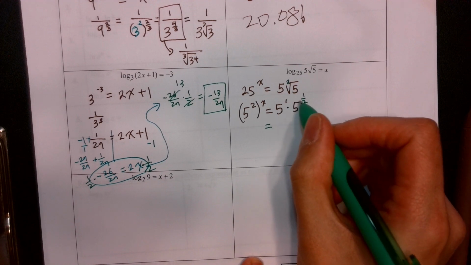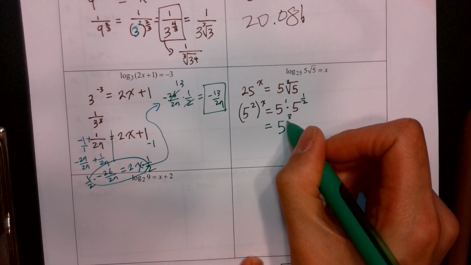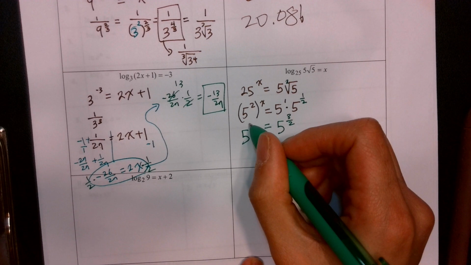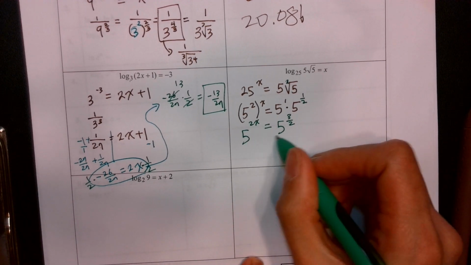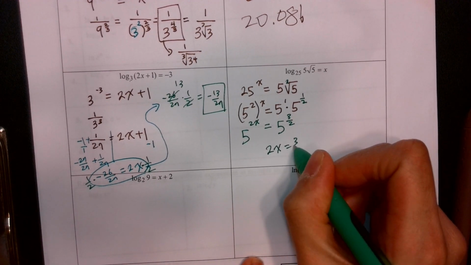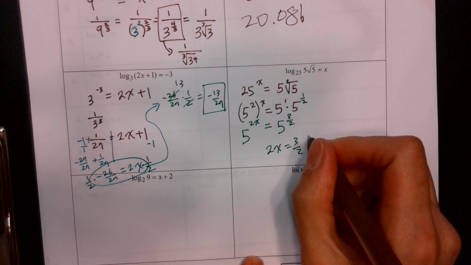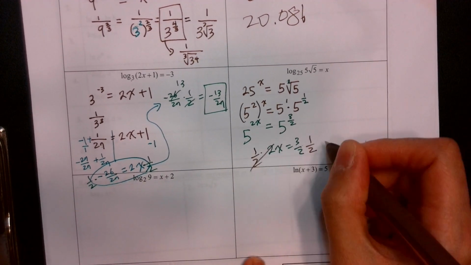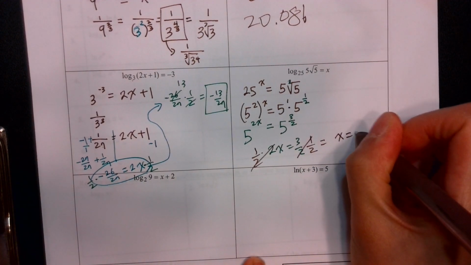Now you can just add your exponents together. What's 1 plus half? 3 halves. And then over here, you multiply your exponents. Now the bases are the same. That means 2x is equal to 3 halves. Divide by 2 or multiply by half. Answer, x is equal to 3/4.